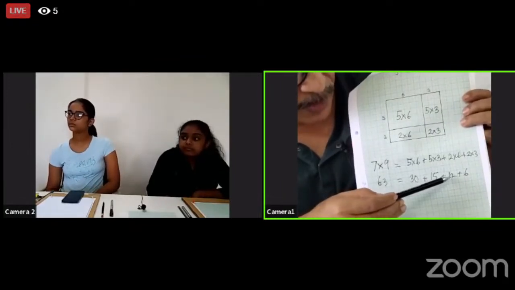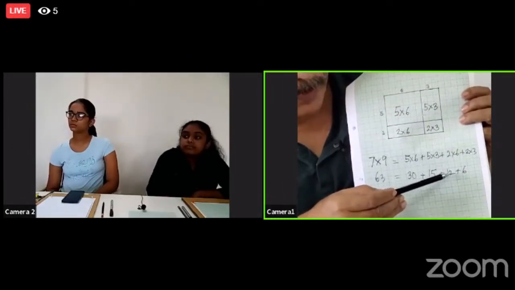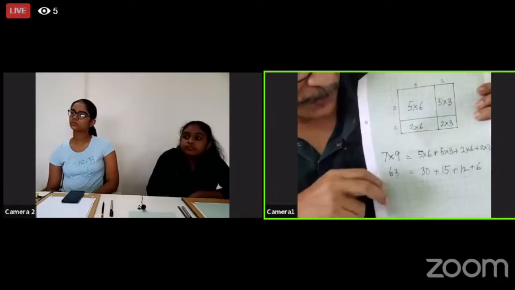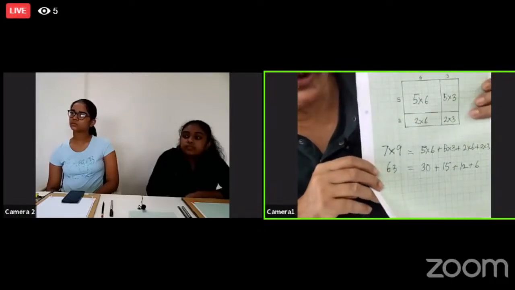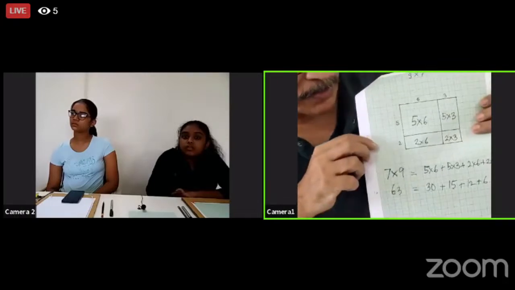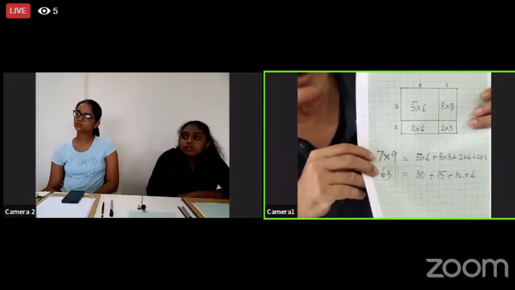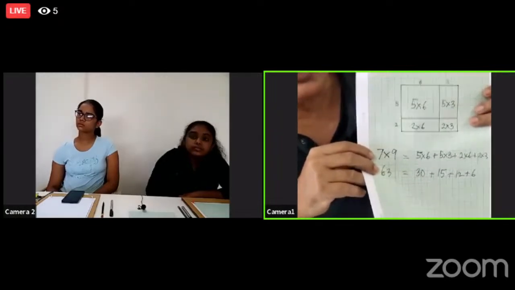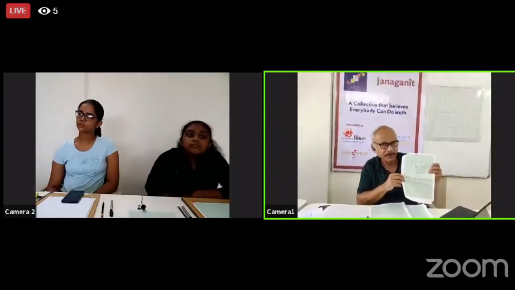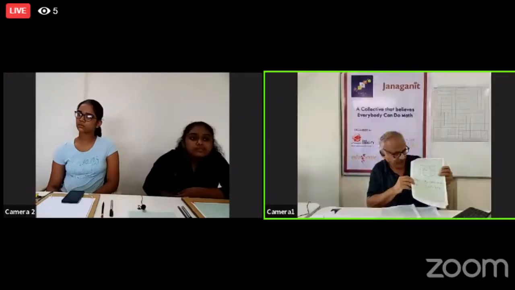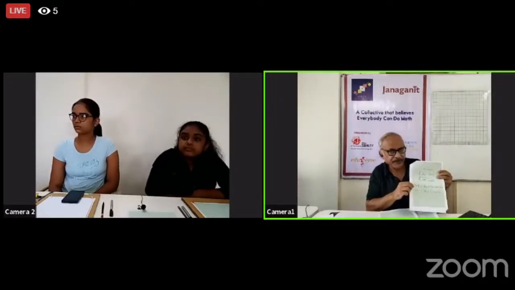I can also write one more expression showing this figure using brackets. I'm going to write that now and show it to you. Recall it was a revision from the last session. I'm going to write 7 as 5 plus 2. I'm going to write 9 as 6 plus 3.